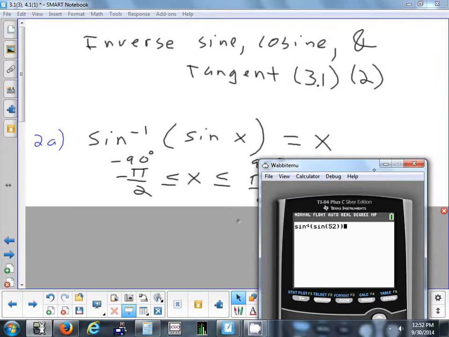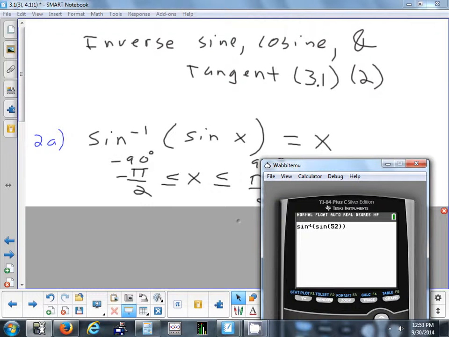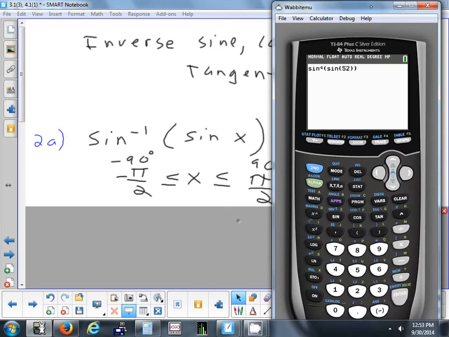If I hit enter, what should I get based on that formula? 52. I should get 52. The answer should be whatever you plug in for x. And it is. So I picked a number between negative 90 and 90. Let's pick a number not between negative 90 and 90. Let's do like 120. When I press enter this time, am I going to get 120?